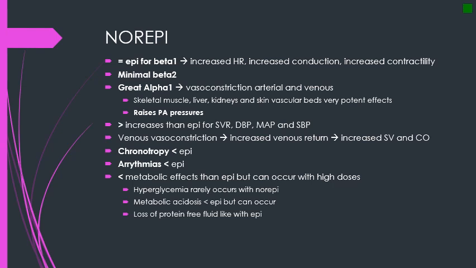It does produce a loss of proteins in the fluid, so you can get, with long-term drips, that vascular inflammatory process that we spoke about earlier with epinephrine, and those patients who have chronic release of those norepi stores.